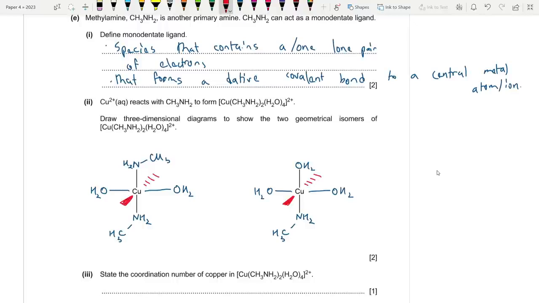Okay, so here for the cis isomer, the OH2s are going to be here. Okay, and for this one, if I draw OH2 here, I need to draw the ethylamine component over here. So it's NH2CH3 over here. Okay, NH2CH3, or this is how they drew it. CH3, same thing guys, it doesn't really matter.